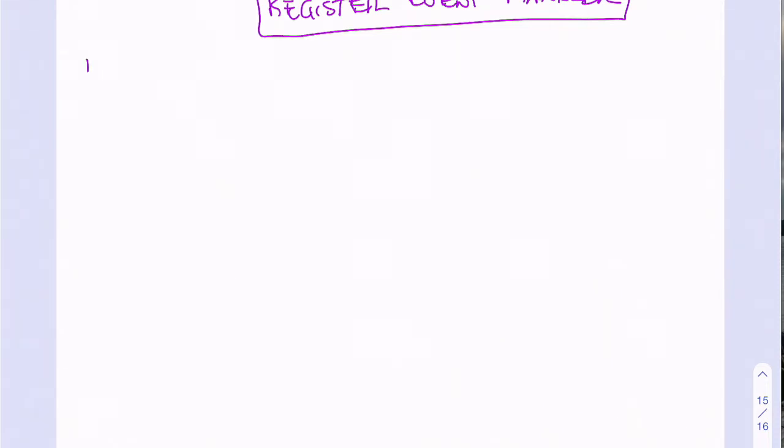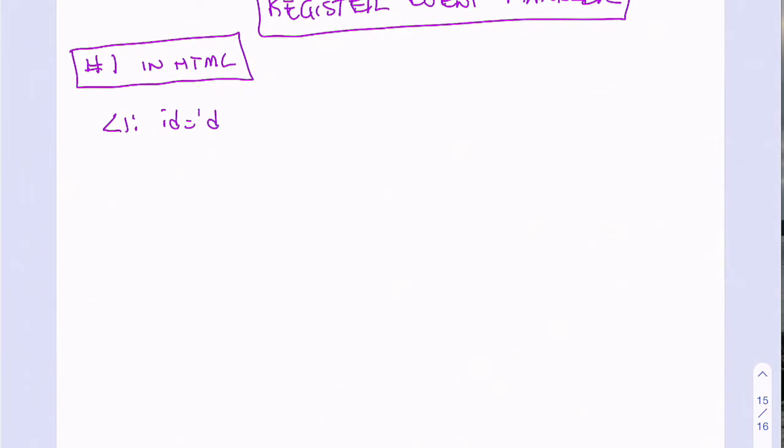All right. So option number 1 is in HTML. We just did this, but I just want to call it out again. So I would say list element ID equals door1 onclick.